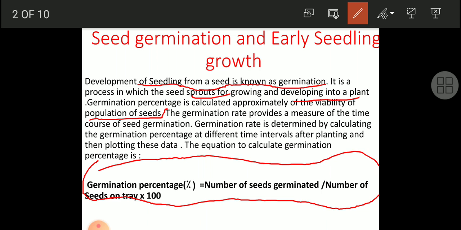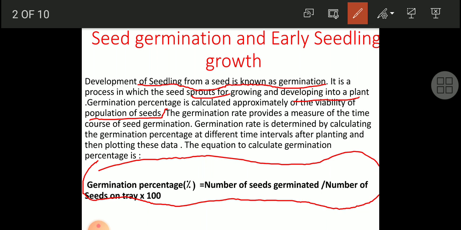So the number of seeds germinated is 25, divided by the number of seeds put in the petri plate, 100, multiplied by 100. The 100s cancel, so 25% of seeds are germinated. Like that, we can calculate the germination percentage of a seed with the help of this formula.